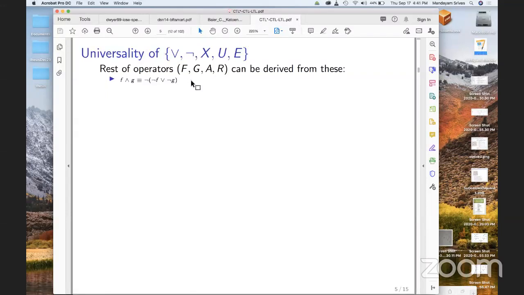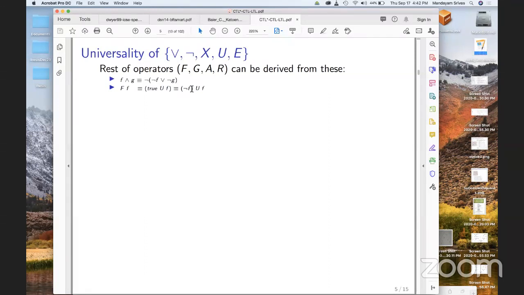This is classical logic. So F can always be defined in terms of until. All it says is that eventually F has to be true, therefore you make the first argument true.